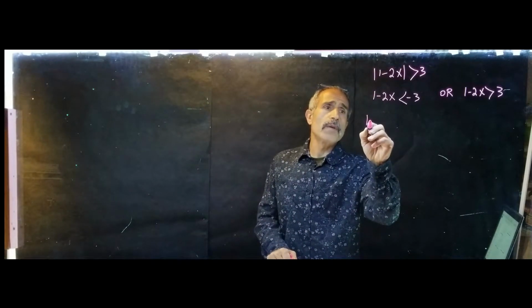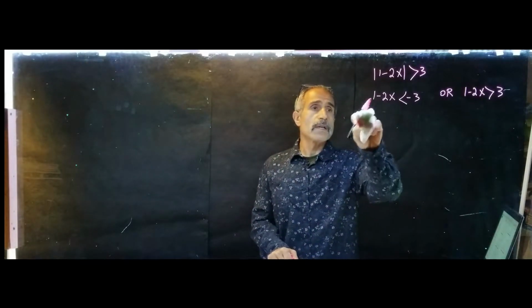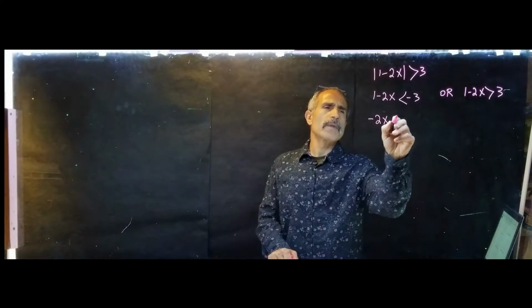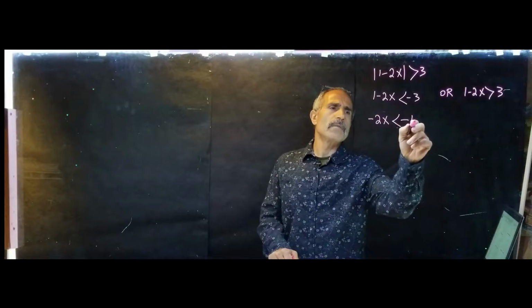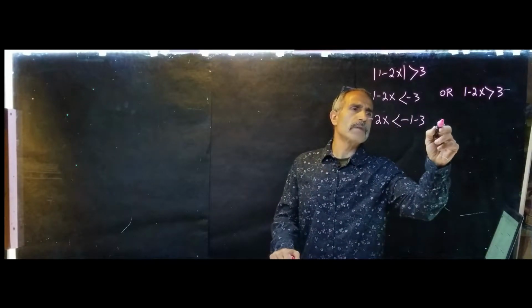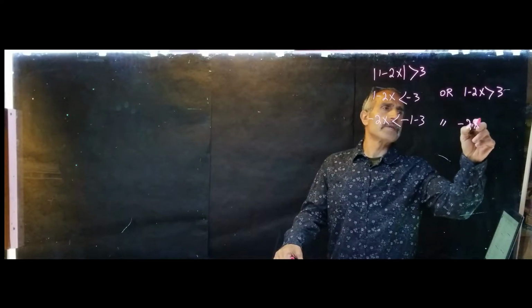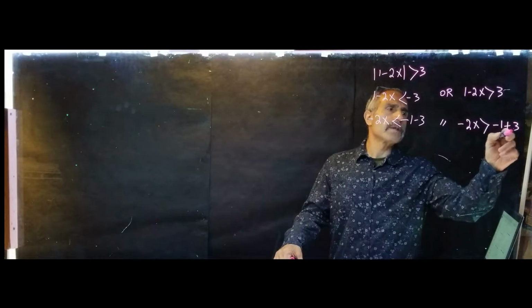So we have 1 minus 2x. Let's get rid of the 1 first. So it's going to be negative 2x less than, that becomes negative 1 minus 3, and this one is going to become negative 2x bigger than or equal to negative 1 plus 3.